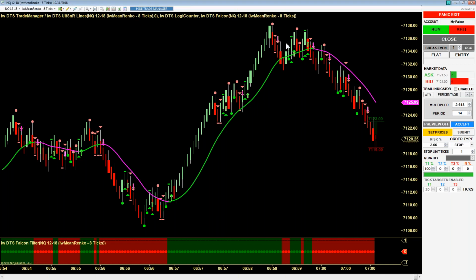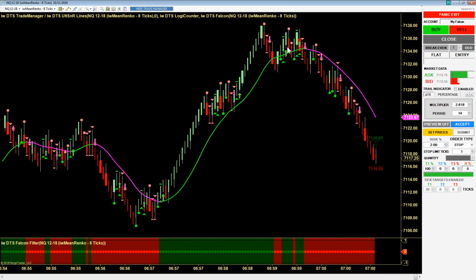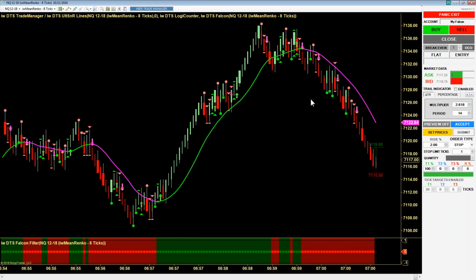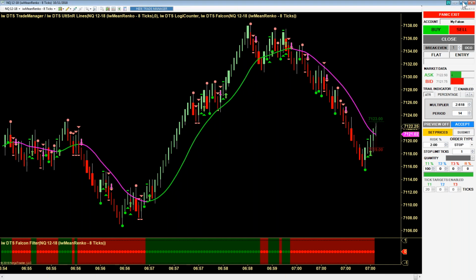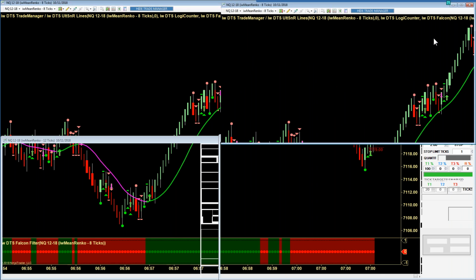That's rare for a late filter entry signal like that to fail. Unfortunately, they're not 100% accurate. And I suppose the ideal stop would have been down here, but you know what? That's enough to try it.